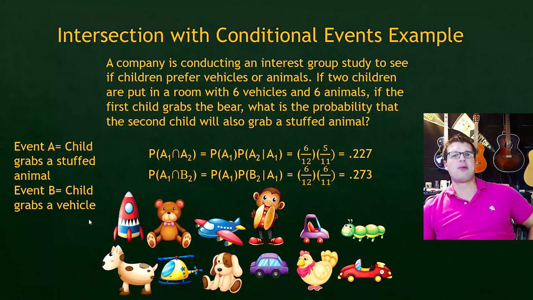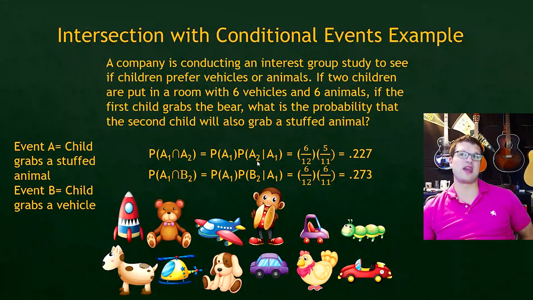So what's the probability with 11 items left that the second child is going to grab a stuffed animal? Well, that's going to be 5 out of 11, because not only are there only 11 items left, there's only 5 stuffed animals left. So the probability of A sub 1 multiplied by the probability of A sub 2, given that A sub 1 happened, equals 6 over 12 multiplied by 5 over 11, which gives you 0.227.